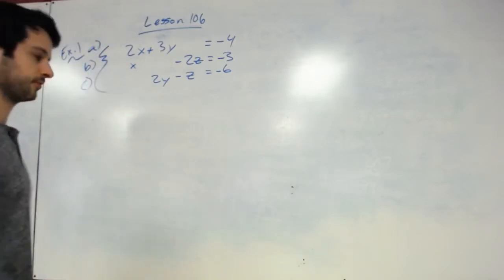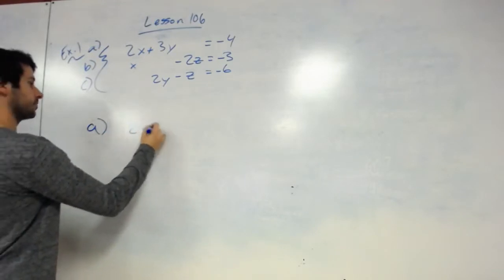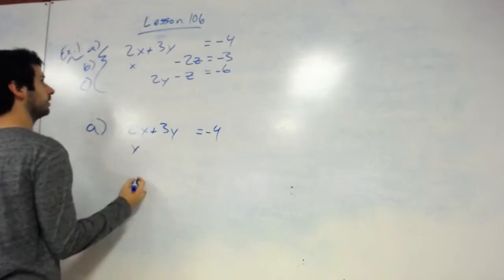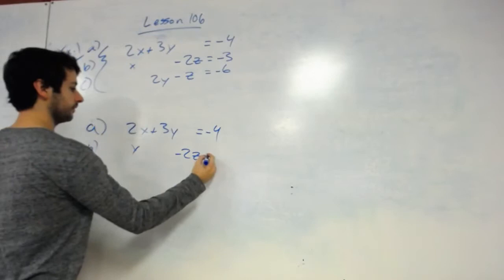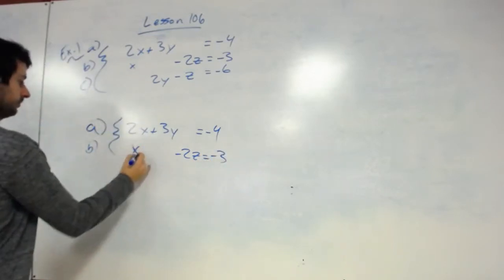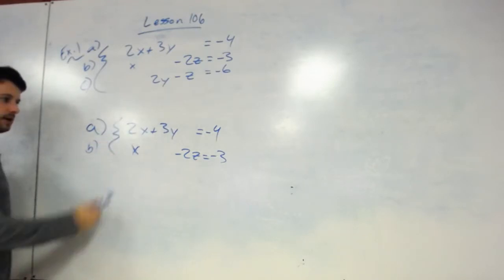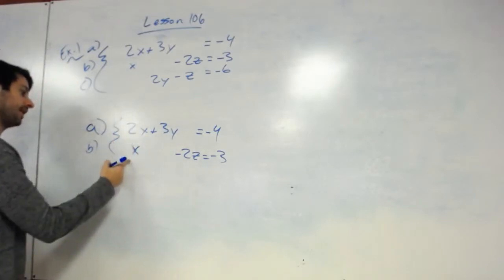So for example, I'm going to take equation A, that's 2x plus 3y equals -4, and equation B. We have an x on top and bottom, and that one has a y, that one has a z, so those can't eliminate, but I can do elimination here.